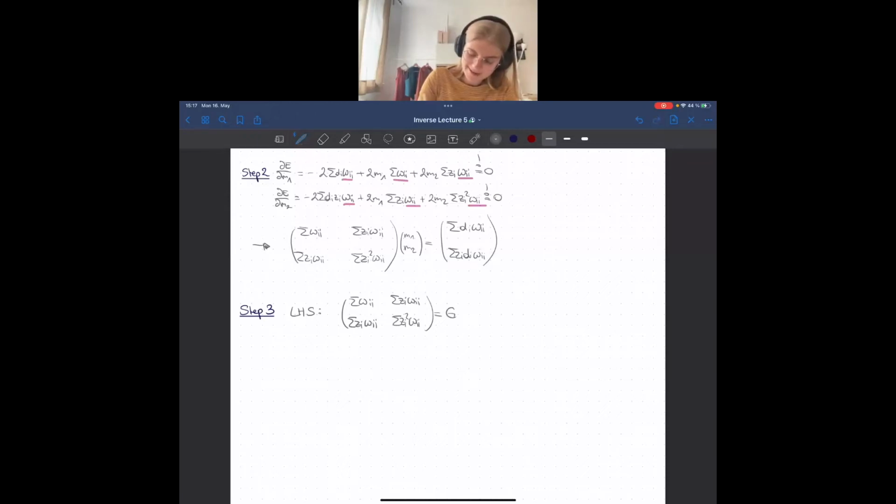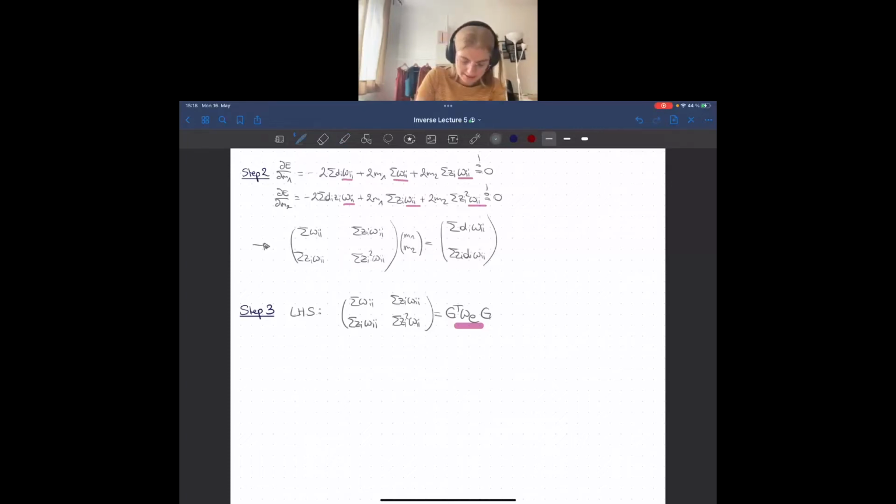And now we use G transpose omega E times G. And once again, the only difference compared to the last time is this matrix omega E here in the middle.